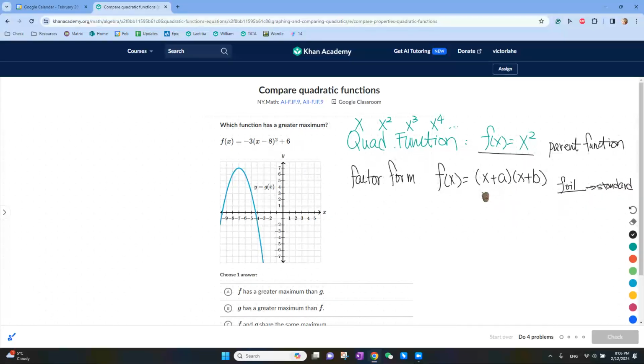Okay, so in here, if we solve it, x equals negative a, and here x equals negative b. This is going to be our two individual answers for 0.